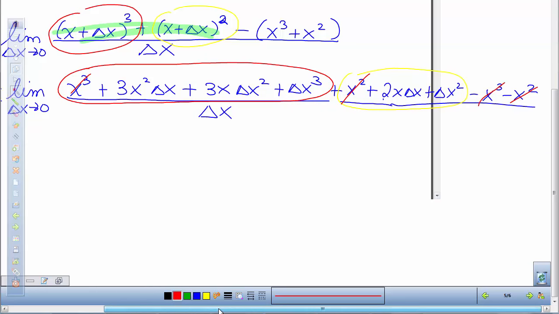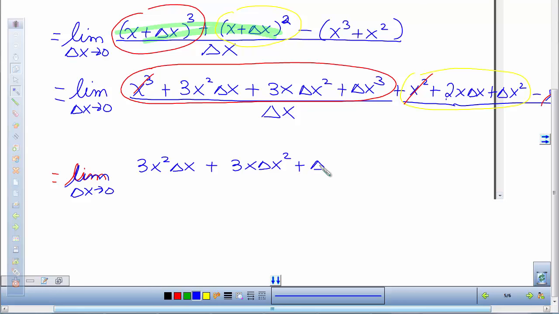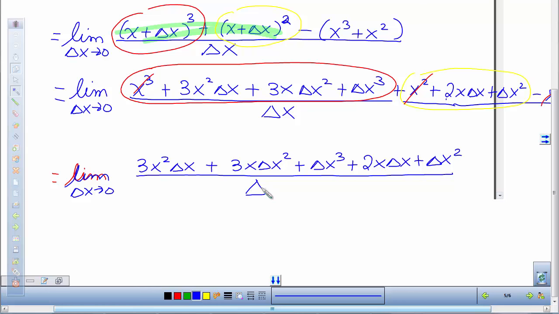So now I get the limit as delta x approaches 0 of 3x squared delta x plus 3x delta x squared plus delta x cubed plus 2x delta x plus delta x squared, all over delta x.